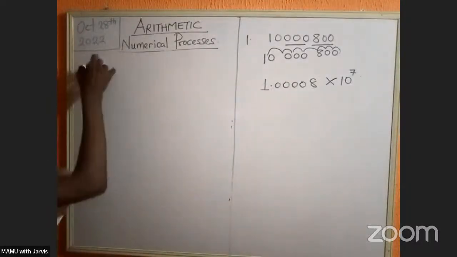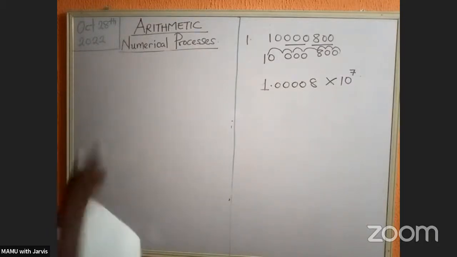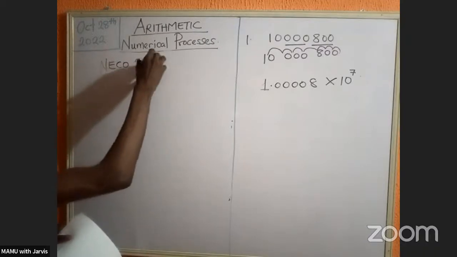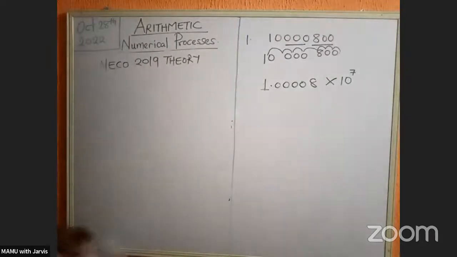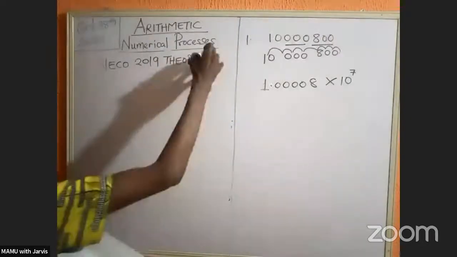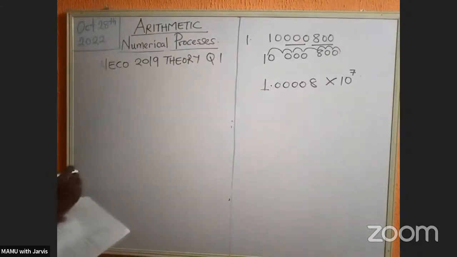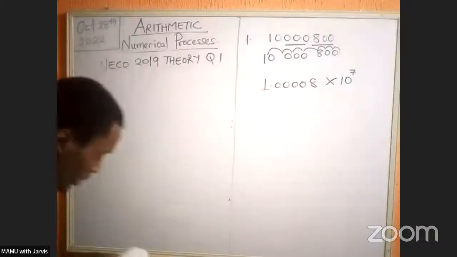This should be NECO, I think. NECO 2019 theory question number 1. It says, use logarithm table, but I'm changing it to without using log table.